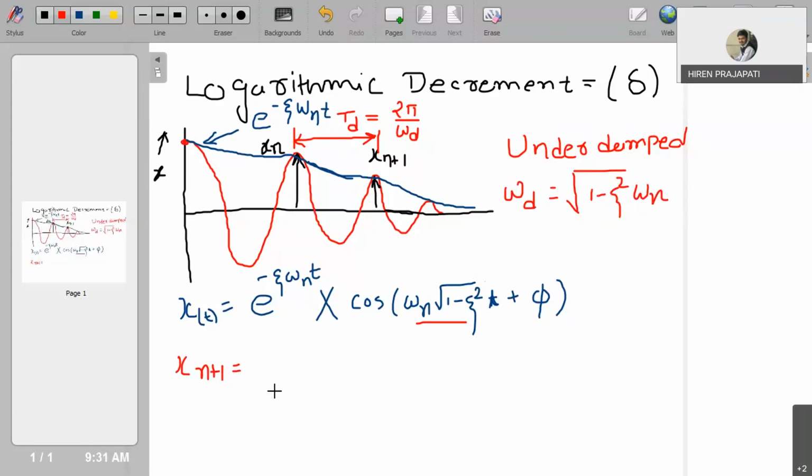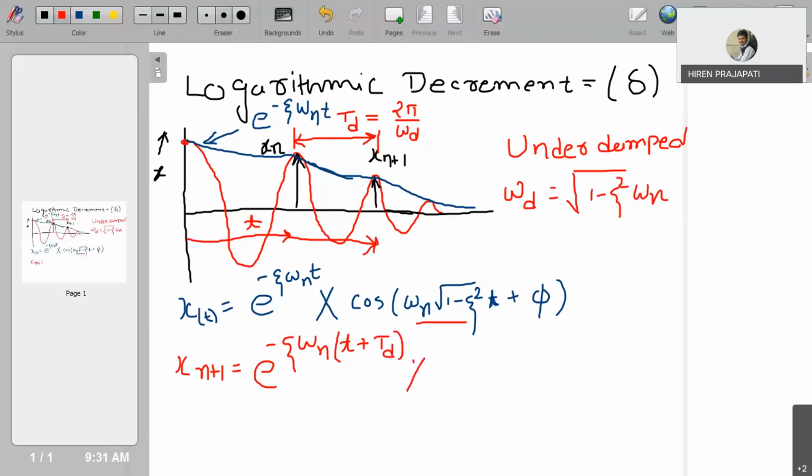So for the next cycle, I would write e to the power minus zeta omega n, and instead of t, I write t plus Td. The reason is that amplitude xn is after time t, then xn plus 1 will be after t plus the time period of vibration, so t plus Td, right?